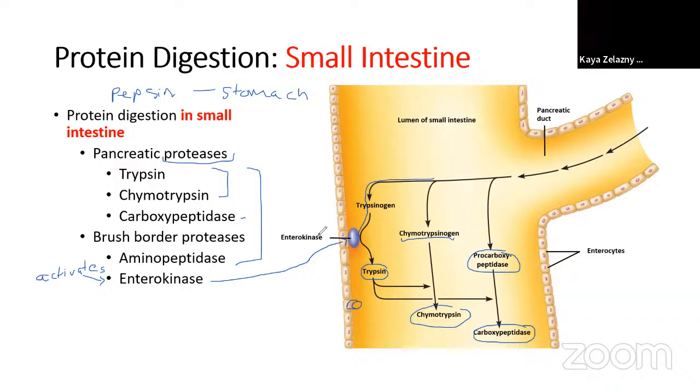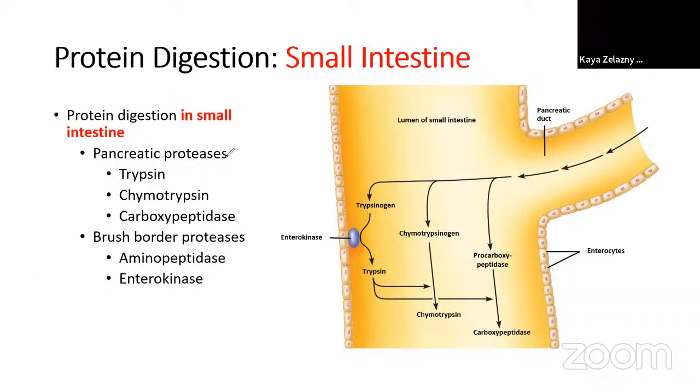Can you see the trypsin and the chymotrypsin are endo? So the first two are endo, these second two are exo, and the last one is activating the previous ones. So we have a long list of molecules involved in protein digestion. That's the basic idea of how it works.